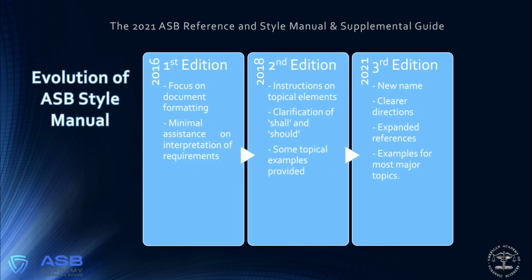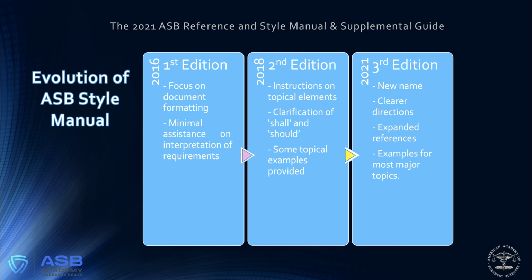Before getting started into the context of the new manual, this slide gives a brief historical background for why ASB has issued a 2021 version. The first edition naturally focused primarily on how to format an ASB document, what an ASB document looks like. Very little was included in terms of assistance. In the 2018 edition, we provided more clarification on select elements, such as shall versus should, and contained a few topical examples.